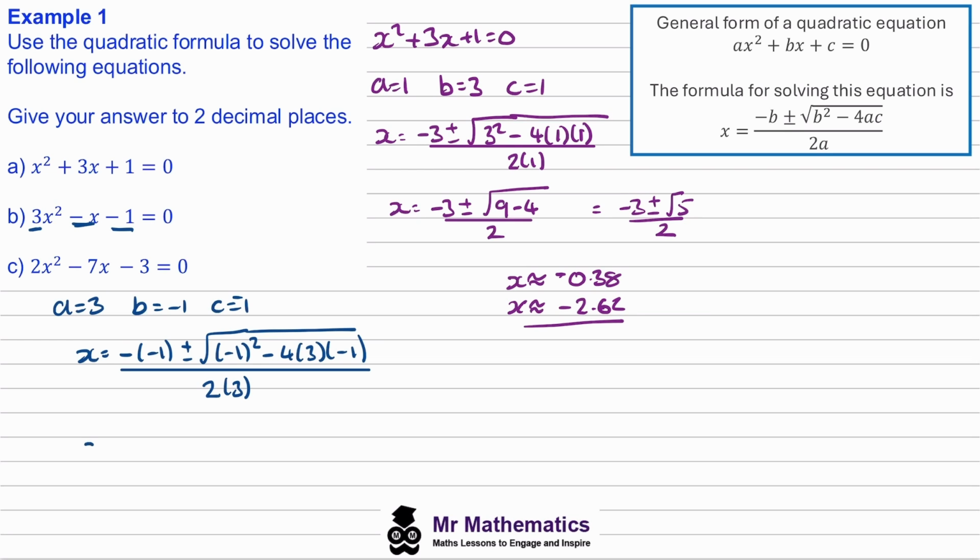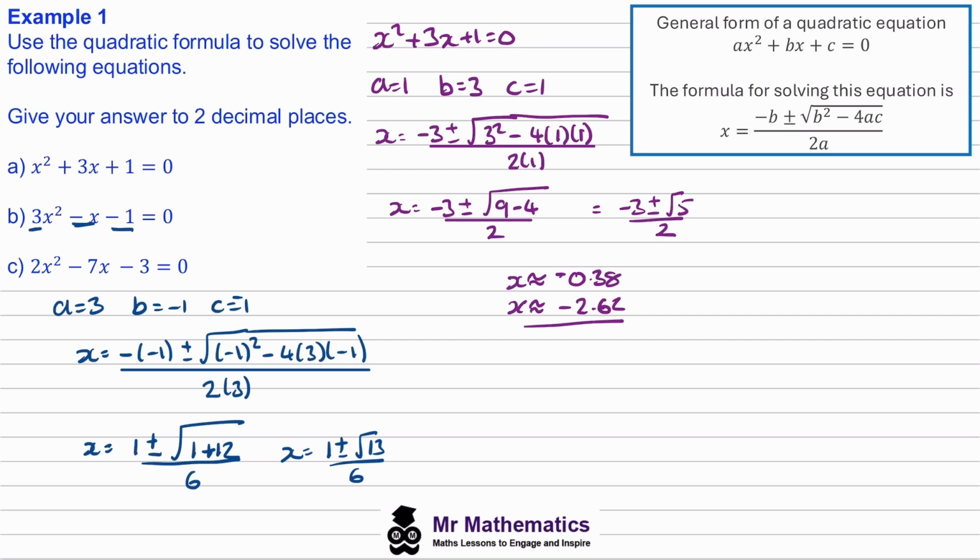So we'll have x will equal minus the negative 1 will be positive 1, plus or minus negative 1 squared. And then we'll have negative 12, so minus the negative 12, which will give us a positive 12, over 6. So x will equal 1 plus or minus root 13 over 6.